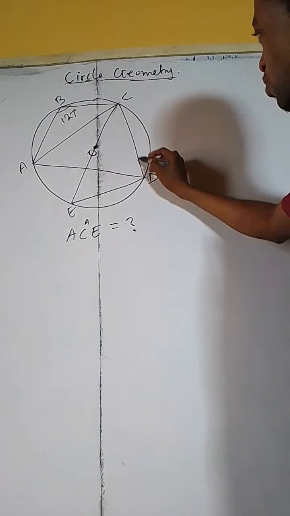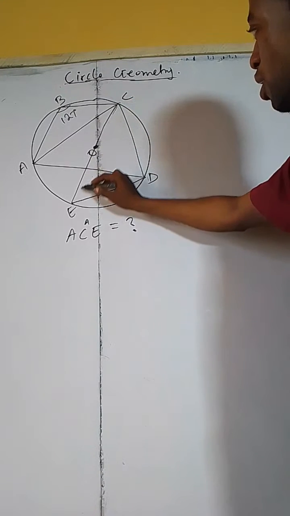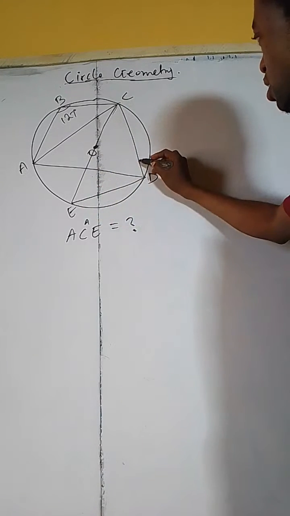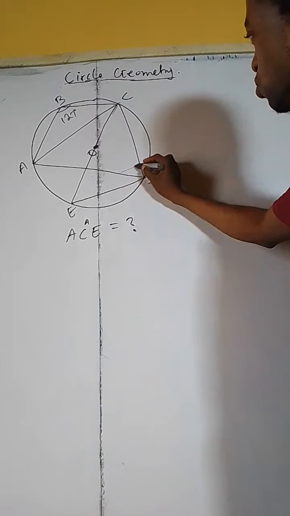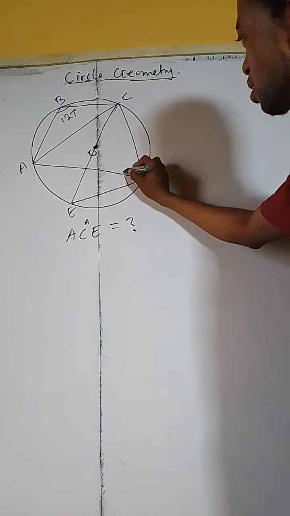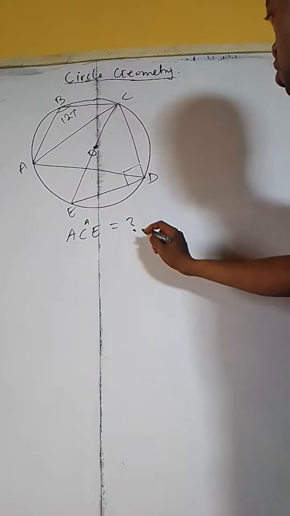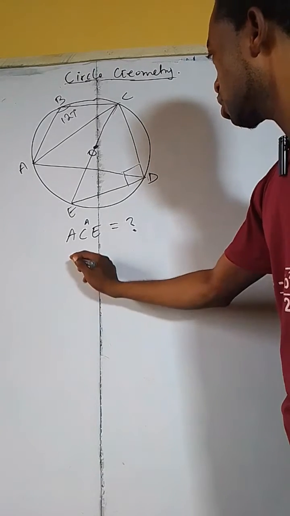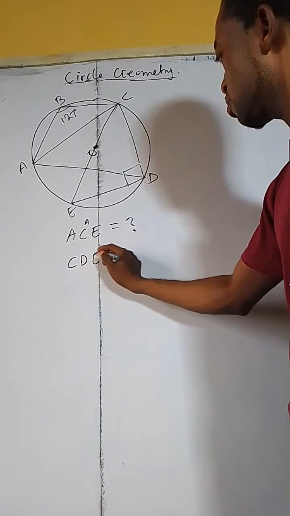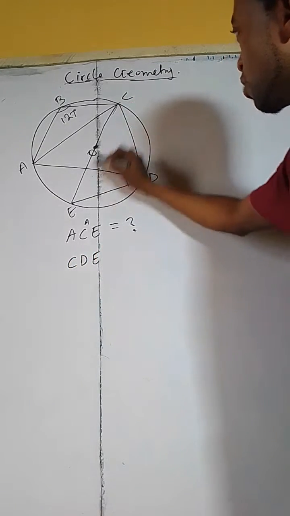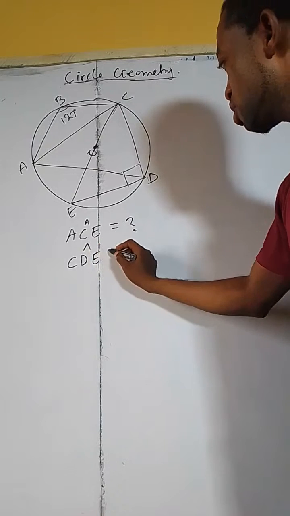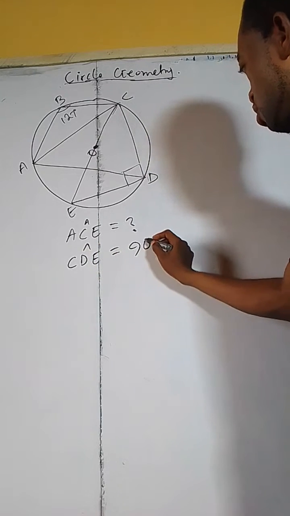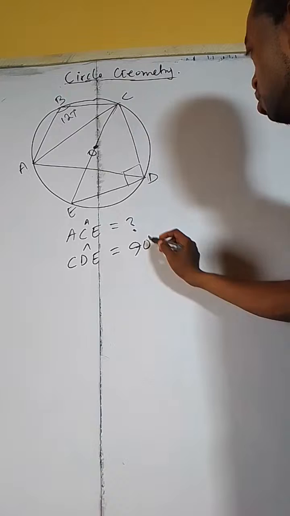So the whole of this angle here by this diameter is expected to be 90 degrees. So that means angle CDE, the angle formed by this diameter, is equal to 90 degrees. So it's important to note that.